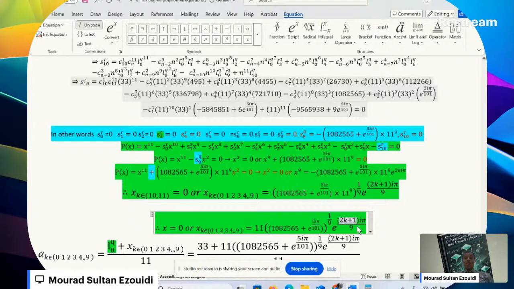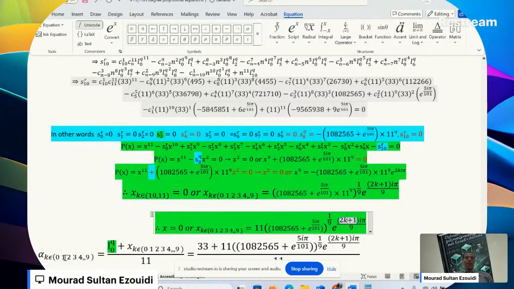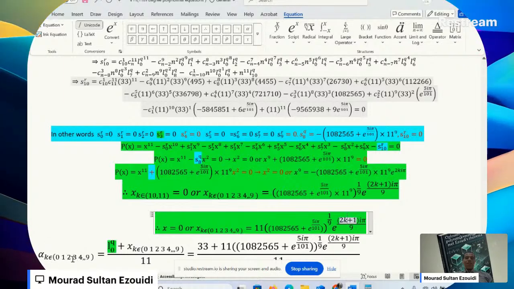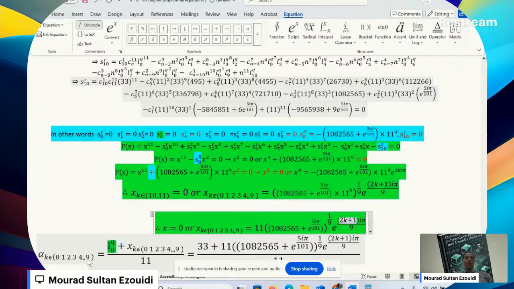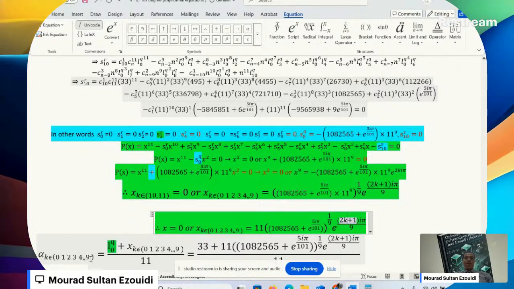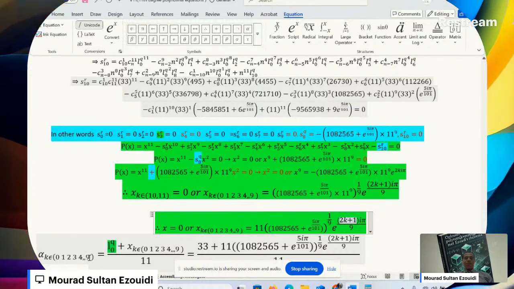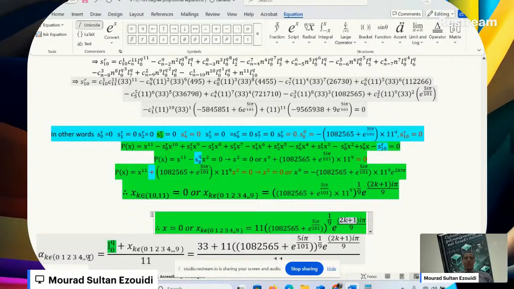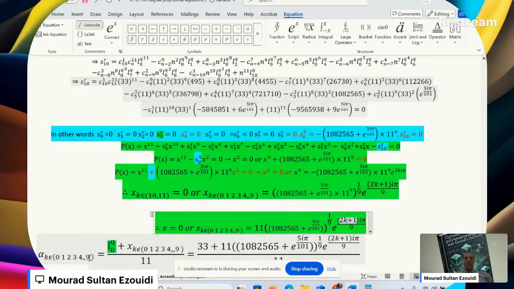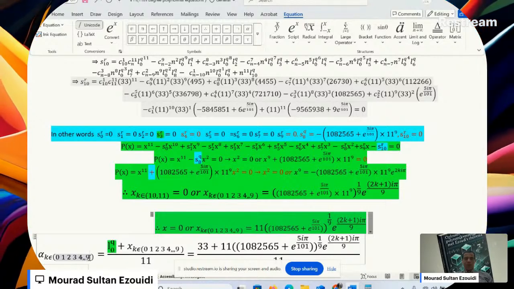We are looking for what exactly the question is: to solve the 11 degree equation. It's very easy. So alpha, these are the roots of our original 11 degree equation. It's labeled as alpha subscript k, k belongs to 0 to 8.